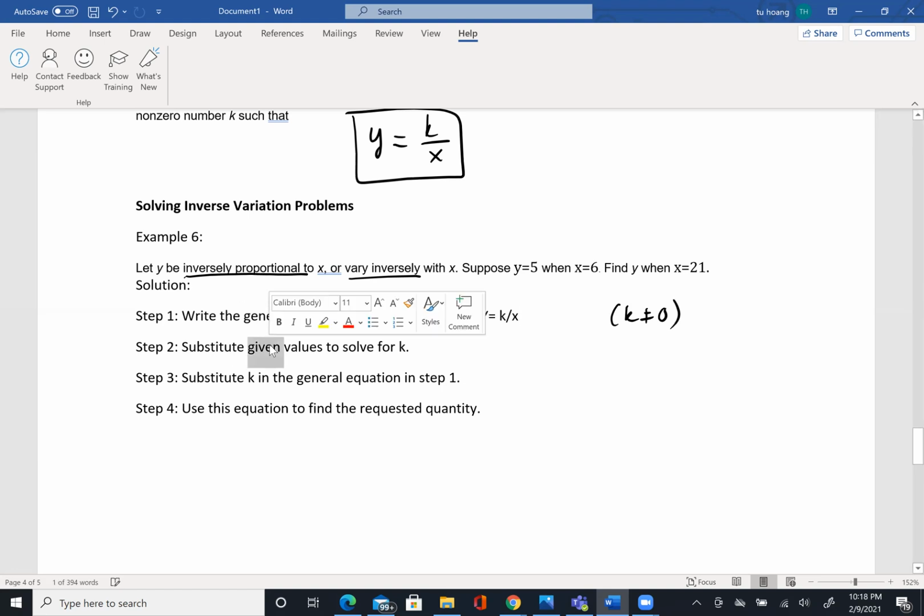Now, step number 2. We choose the given values: y equal to 5 and x equal to 6, to solve for k. So I have 5 equal to k divided by 6.